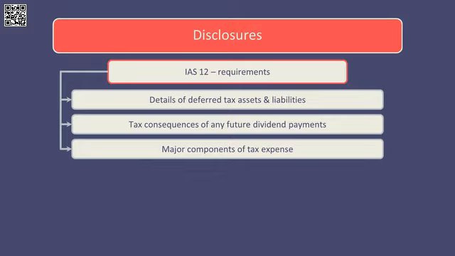Amounts of deferred tax expense relating to changes in tax rates or the imposition of new taxes. So if in our example the tax rate was 30% up to the current year and it reduces to 25%, the change in the value of a deferred tax asset will be put here. Any amount of the benefit that arises from a previously unrecognised tax loss credit or temporary difference of a prior period.